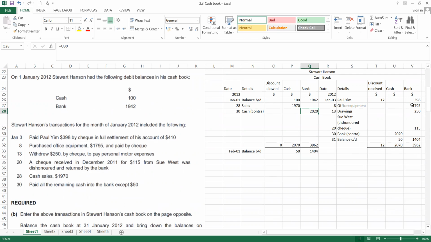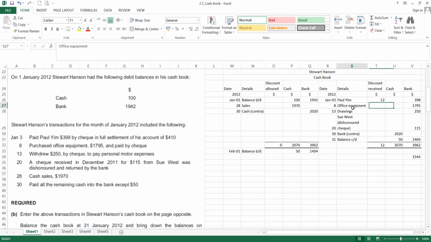Or maybe this amount is too big. The bank does not have the money to pay it off. Because if you look at here, in the beginning, after minus this payment, we are left with not enough money. So we take 1942 minus 398, we get 15.